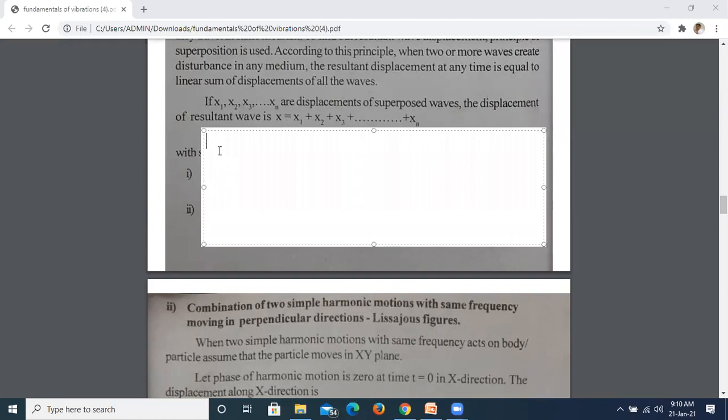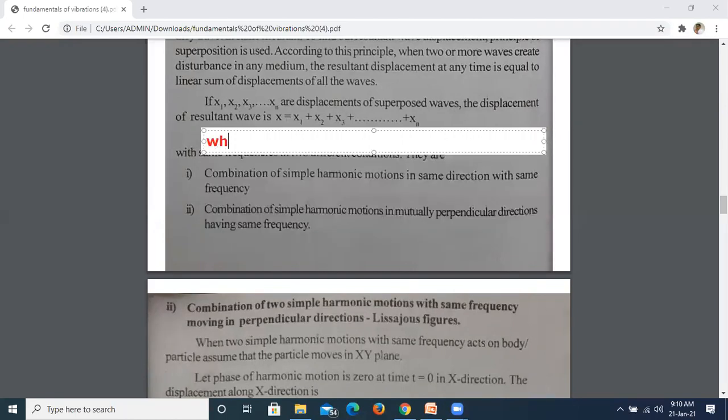So what is the definition of Lissajous figures?